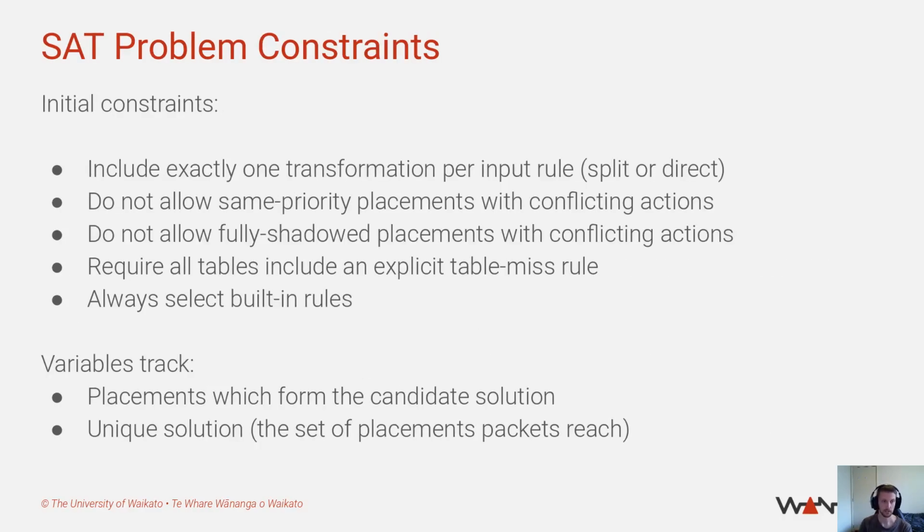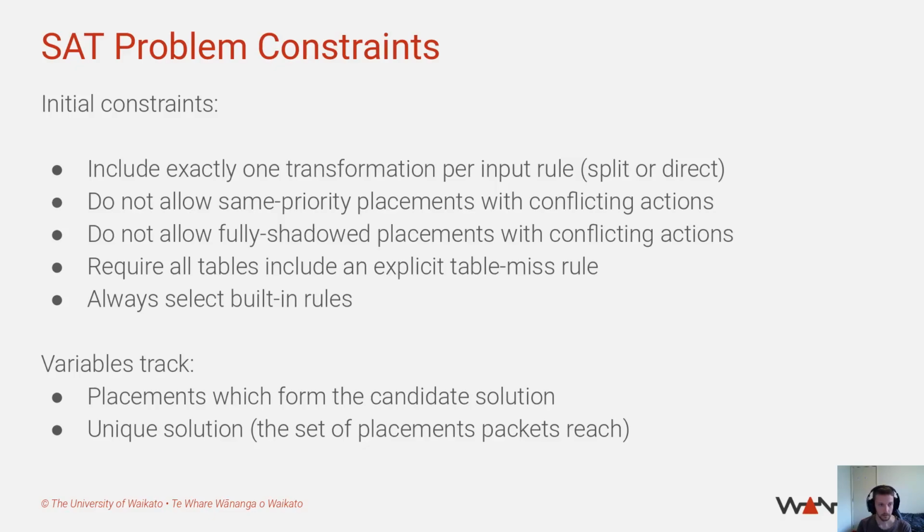The initial constraints that we add to the SAT problem to narrow down our search is that we must pick one transformation per input rule. This can either be a split or a direct transformation. And then we filter out known conflicts. So we filter out same priority placements with conflicting actions, as that's undefined behavior in OpenFlow.